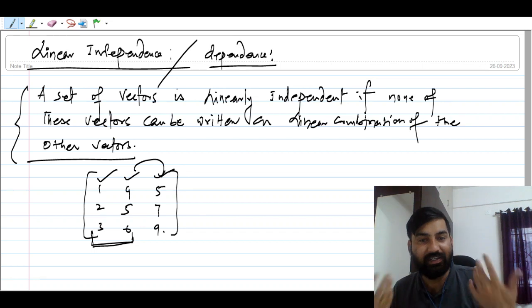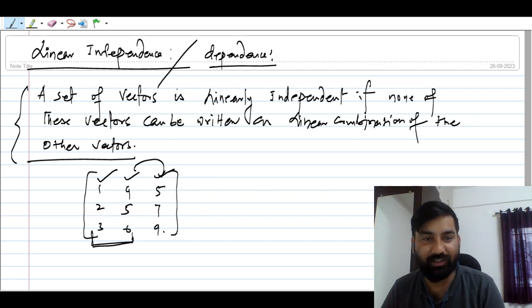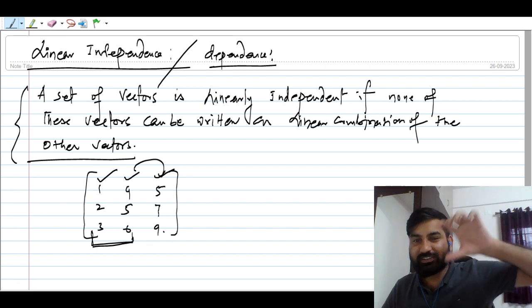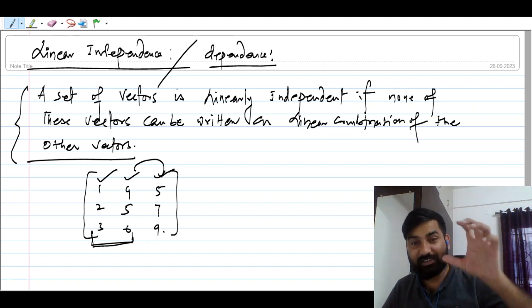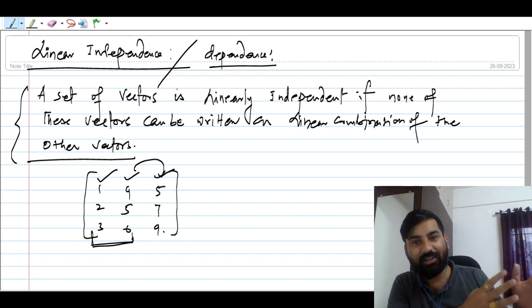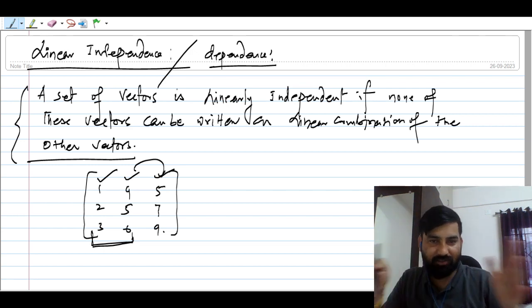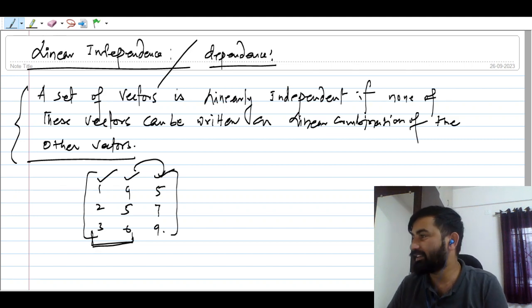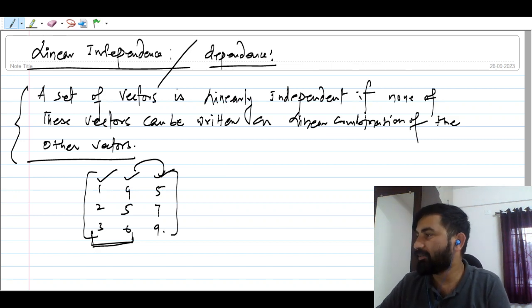There are two linearly independent column vectors, right? तो आपको याद रखना है कि अगर मान लो if you are getting some row or column in the matrix by combining some other rows or columns, it means what? The vectors are not linearly independent, right? Vectors are linearly dependent, okay? So please remember these definitions. These definitions are important, right?